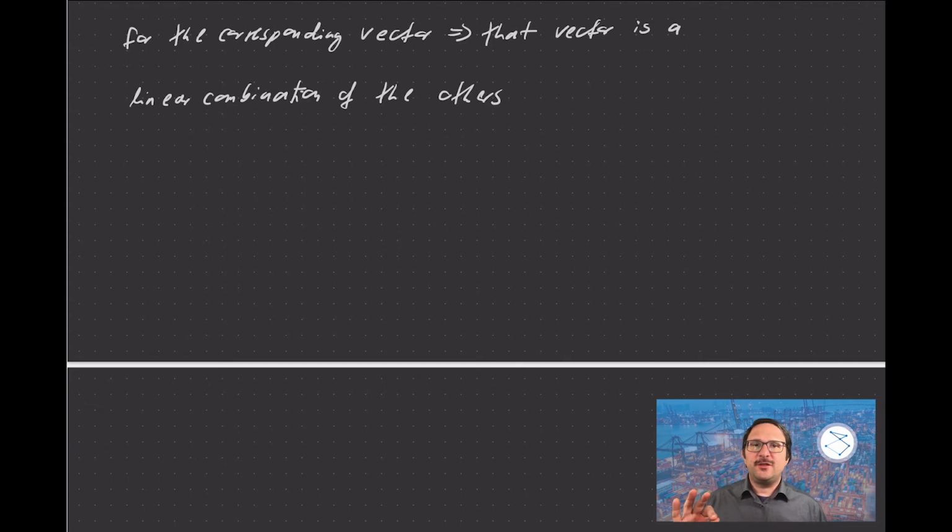The important thing to note is that this need not be the case for all vectors. There is one that is a linear combination of the others, but that is not necessarily true for all of the vectors. Okay, so in this way, linear independence means the set of vectors that we have is irredundant, in the sense that no vector can be expressed as a linear combination of the others.